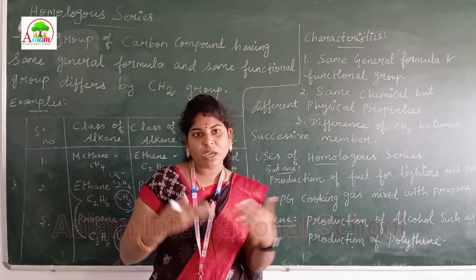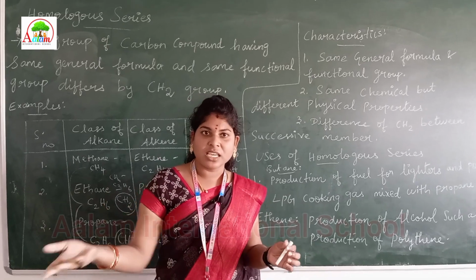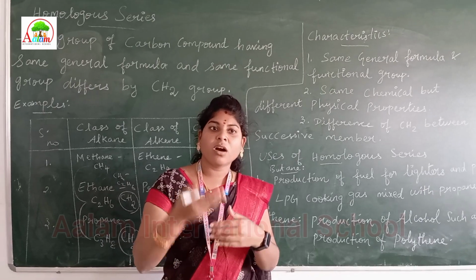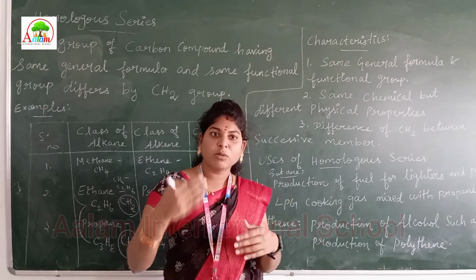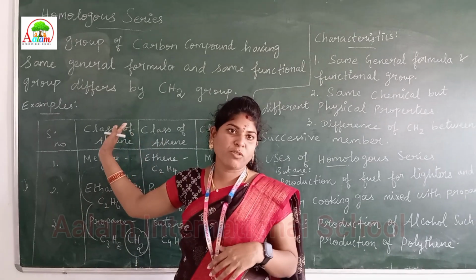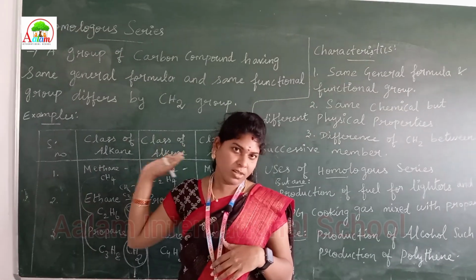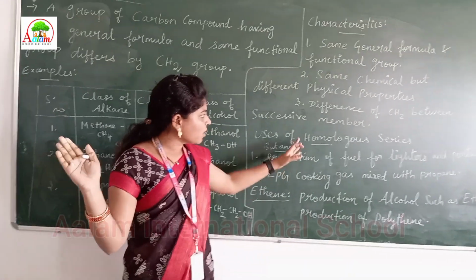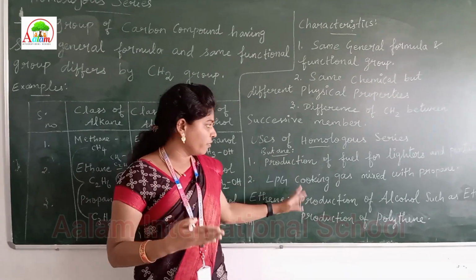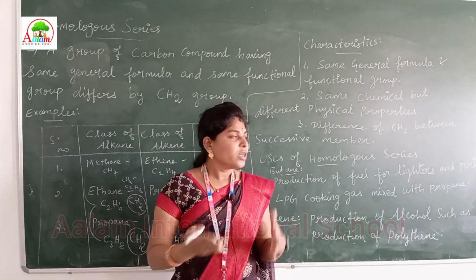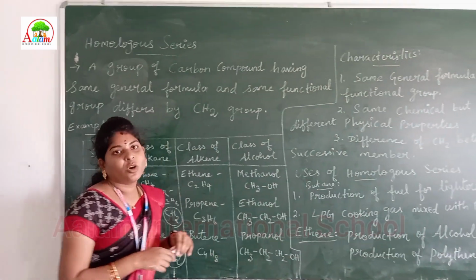If it has the same chemical formula, we can judge easily: if you take one product, we can judge how that product will work and how it will not work, with the help of homologous series applications. Application in the sense we are applying homologous series in our daily life, like butane, ethane, propane. So that's all about the homologous series.